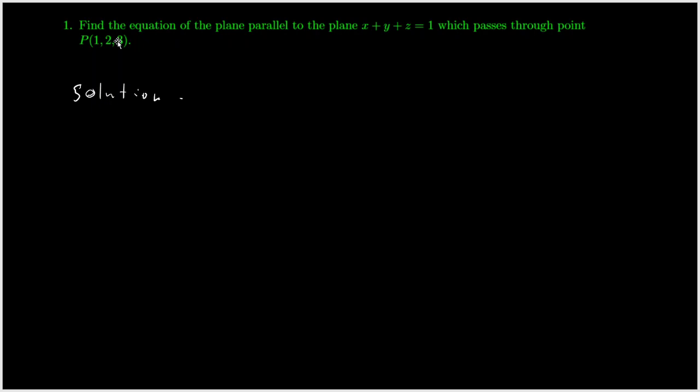Because the plane we are looking for is parallel to that plane, they share the same normal vector, right? You know a normal vector to that plane, right? So you can get a normal vector. Now the solution.